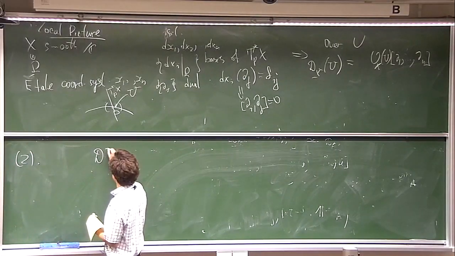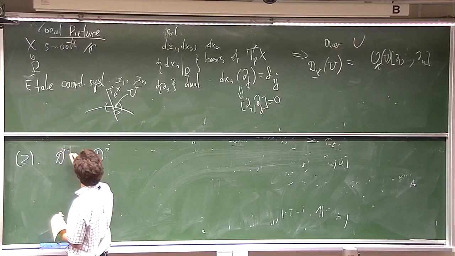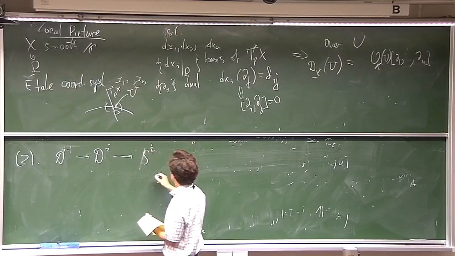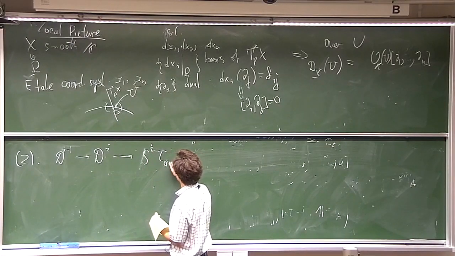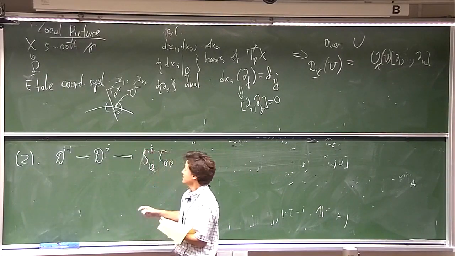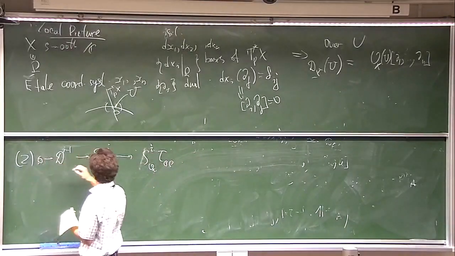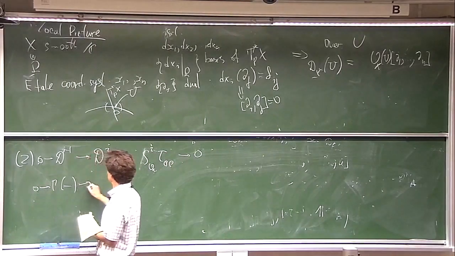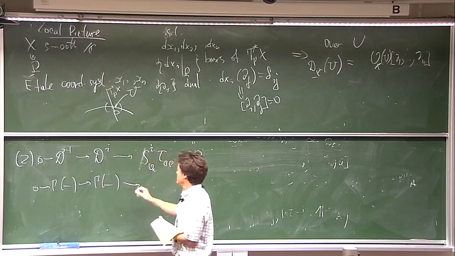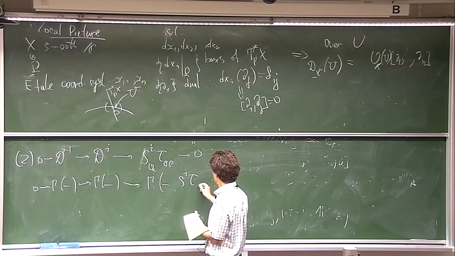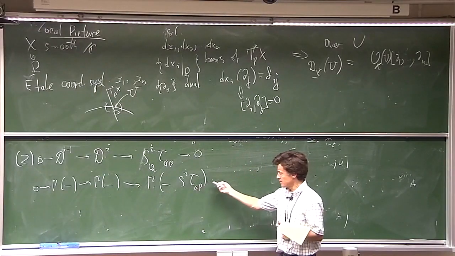So this is all about what I started with. So this is, by definition, an exact sequence of sheaves. So it gives you the beginning of a long exact sequence of the homology.